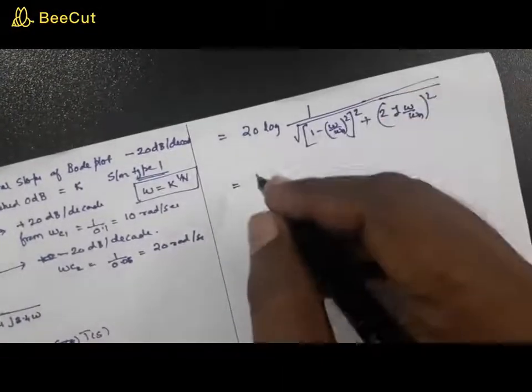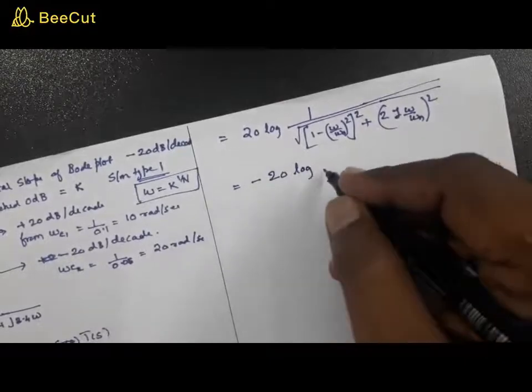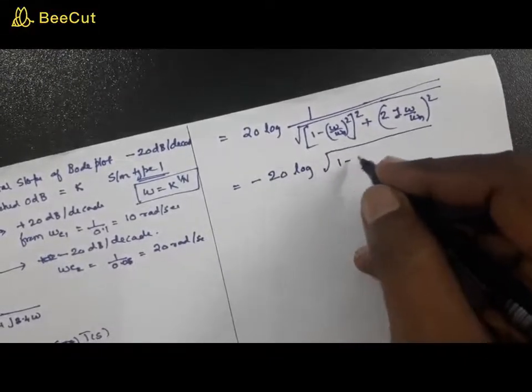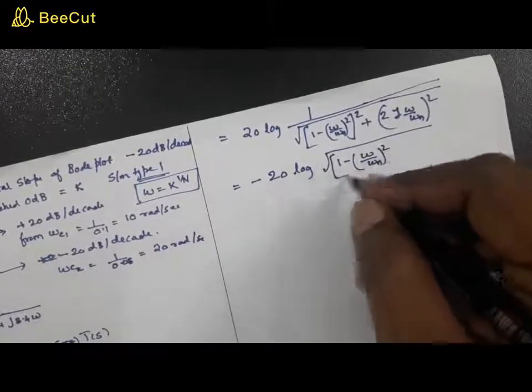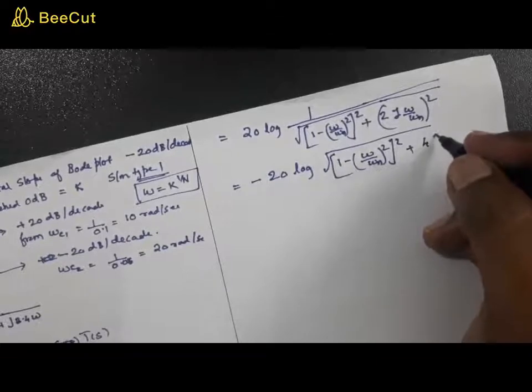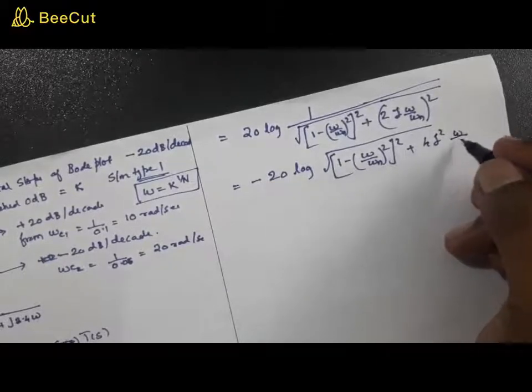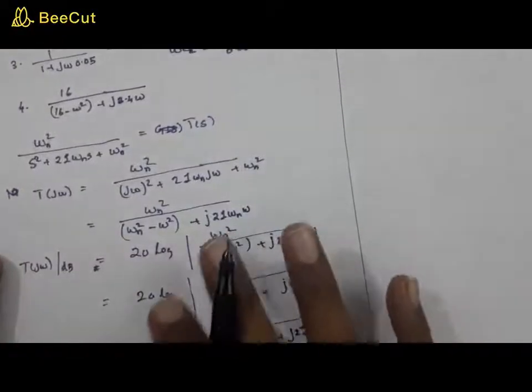Then you can bring this to the numerator side, so that this becomes 20 log of the root of (1 minus (omega by omega n) square) the whole square plus 4 zeta square (omega by omega n) square. So this is the expression for the magnitude of this quadratic second order term.